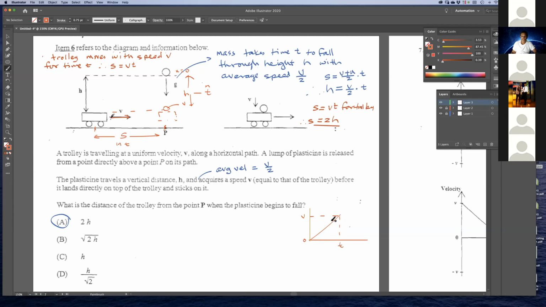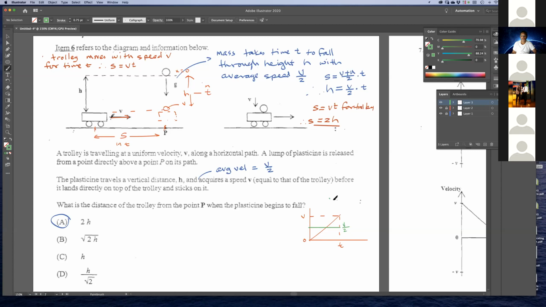If I ask you what the average velocity is here, you ought to know that it is a velocity exactly midway here. That's your average velocity, v over 2, because the average velocity is that constant velocity that encloses the same area.